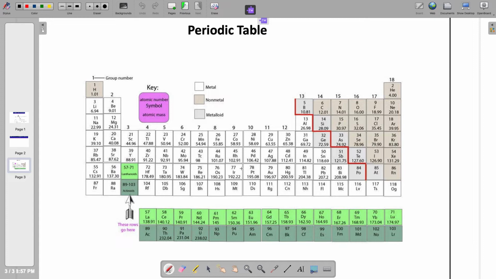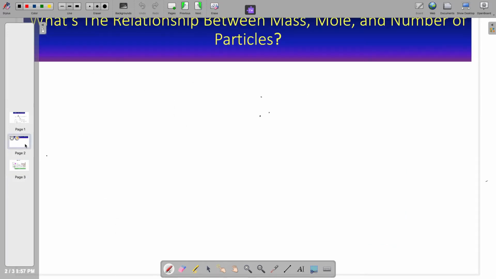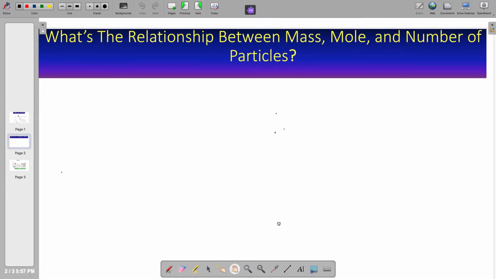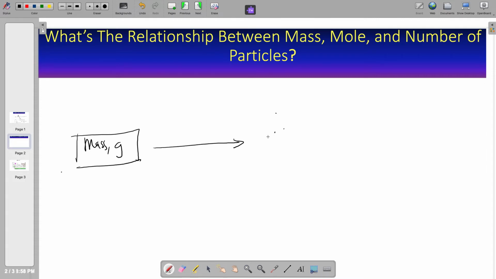Okay. So let's go ahead and look at this relationship. So we can write this relationship as mass in grams over here, mass in grams to mole.